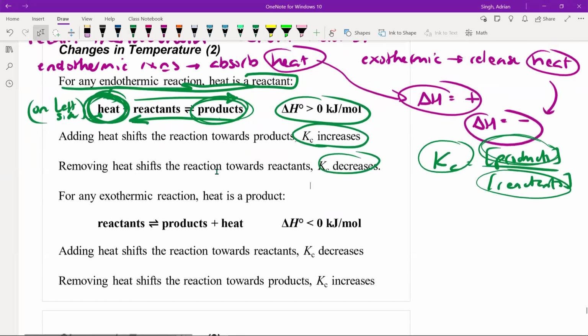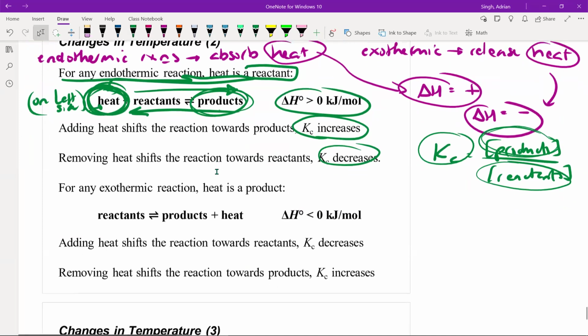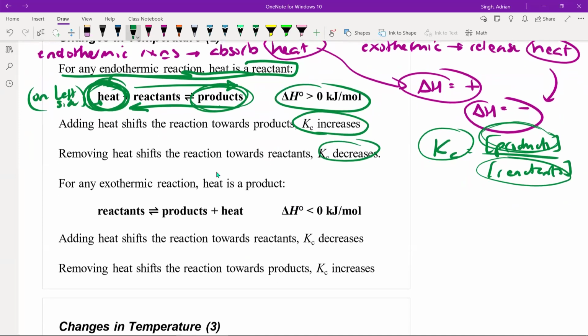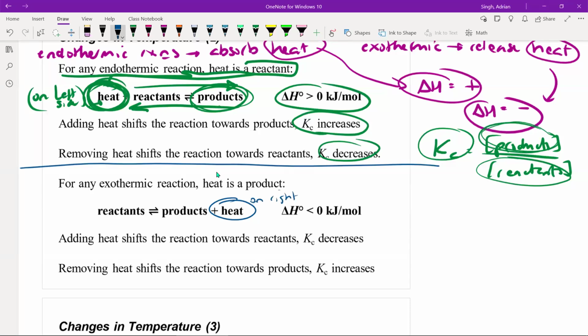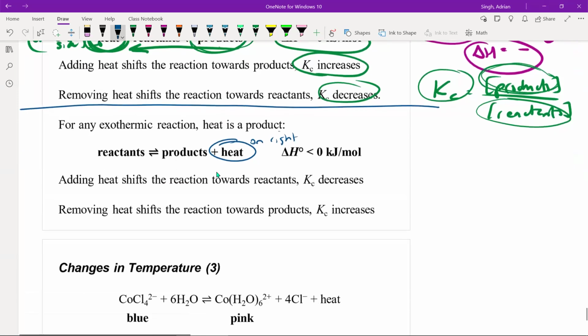We're going to treat heat as either a reactant for an endothermic process, and then the opposite would be true. If it's an exothermic process, okay, then heat is going to be a product on the right side. You can write the word heat in there to simplify things. So now, if we add heat, if we add something to the right side, remember now, equilibrium shifts in the other direction.